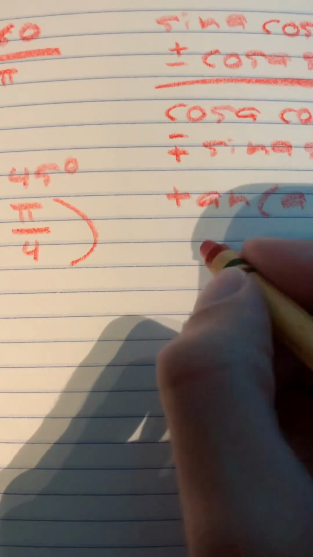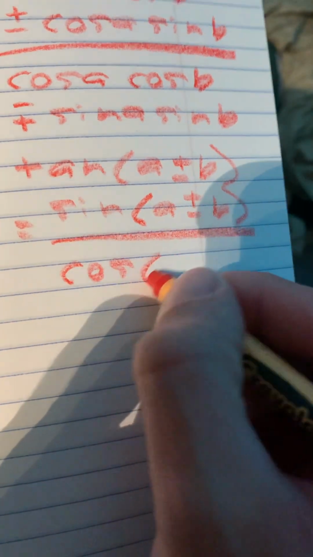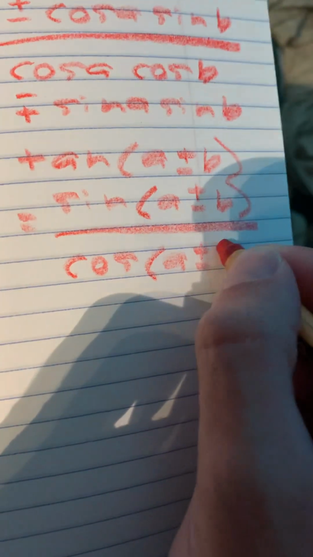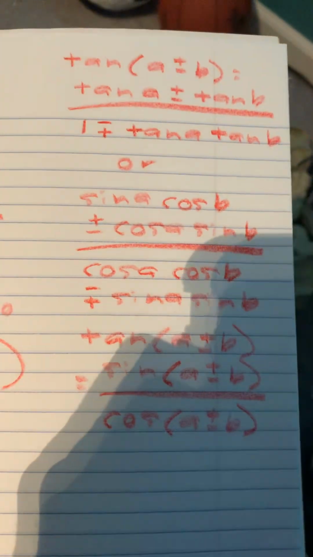This is how I like to treat tangent of a plus or minus b. And this indeed is equal to sine of a plus or minus b over cosine of a plus or minus b. I mean, you can treat the actual trig identities the same way.